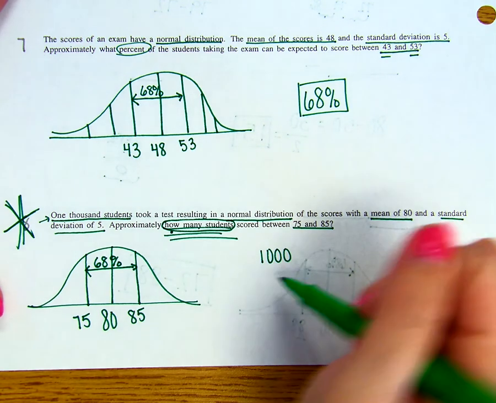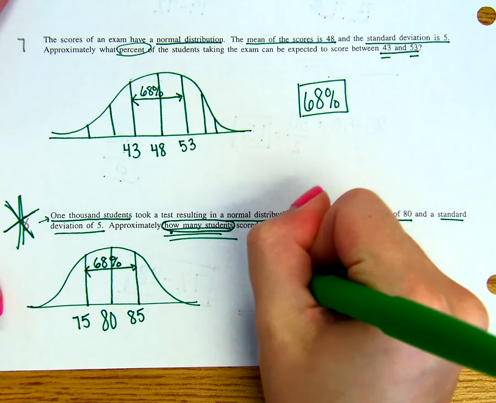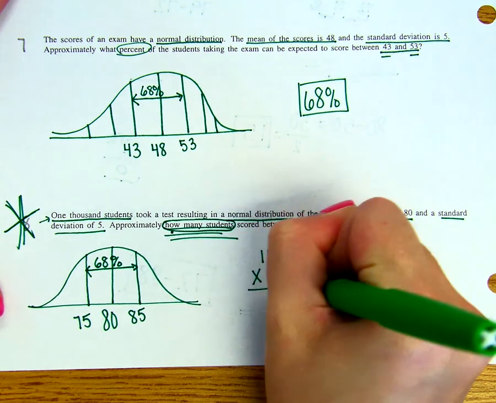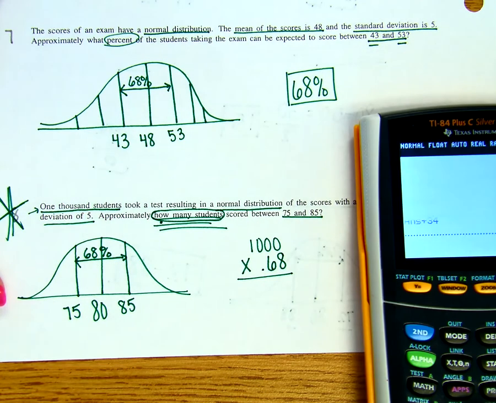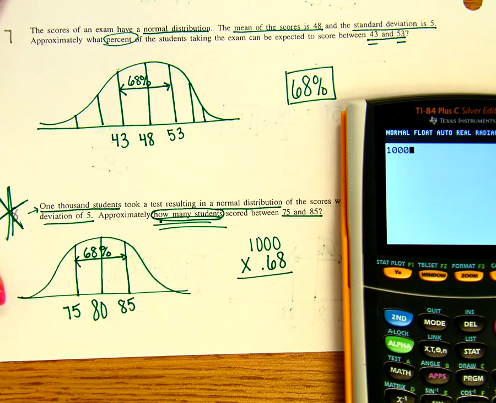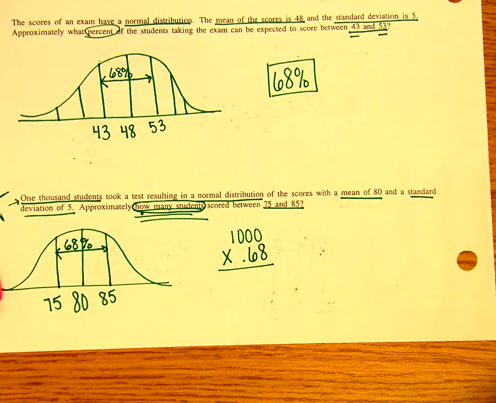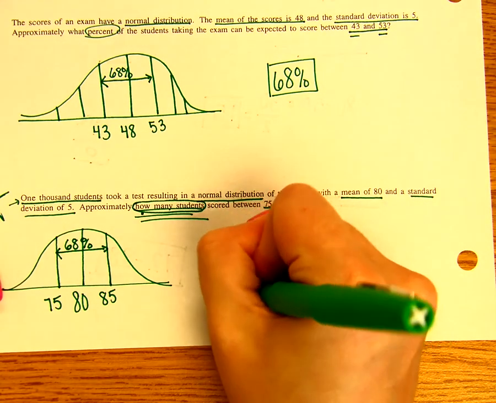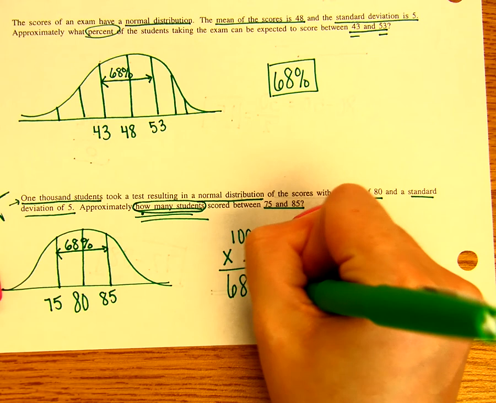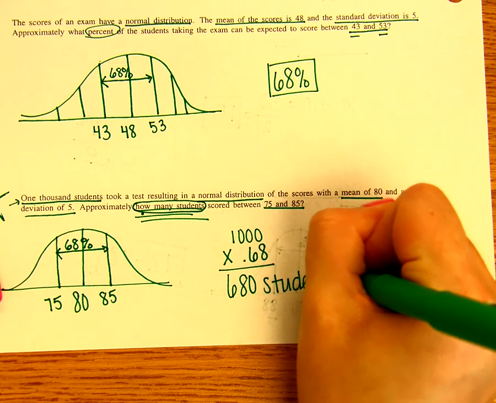So to find 68%, we're going to multiply by 0.68. So 1,000 times 0.68 is 680. So 680 students. You need that label of students because we're talking about students.